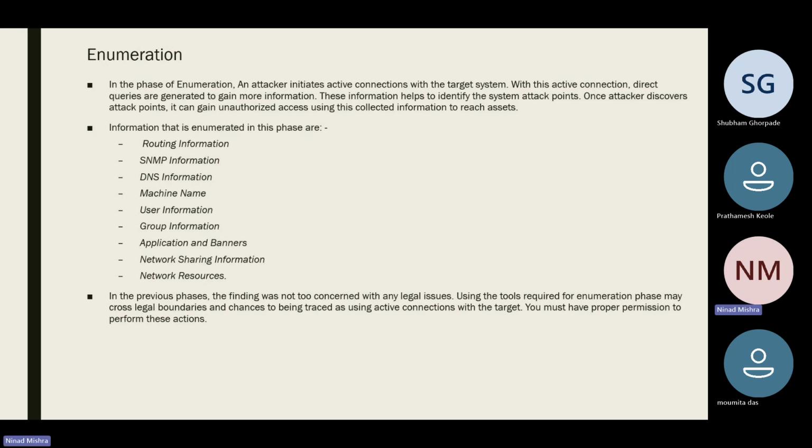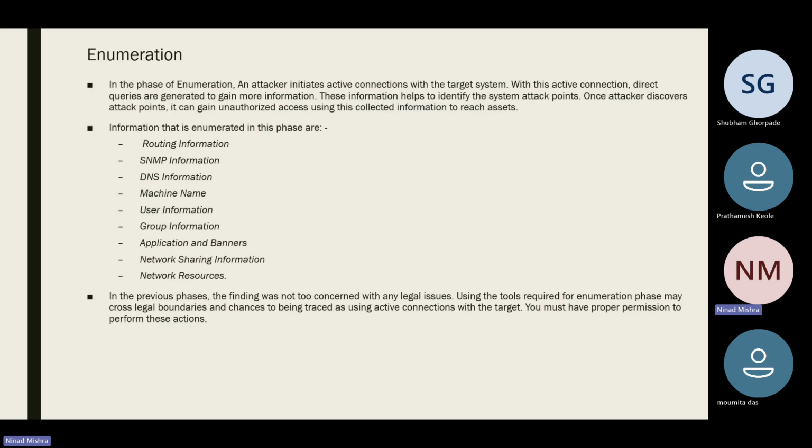The previous phases that we saw regarding scanning were not concerned with legal issues, but the tools that are required for enumeration may cross legal boundaries, and there are chances of being traced as an active connection with the target. So as an attacker you may get caught while doing this kind of enumeration.